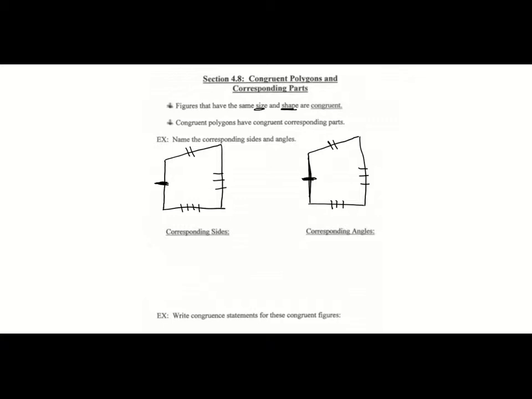So if we call this polygon A, B, C, D, and this polygon E, F, G, H, we can list our corresponding sides below so we can see that AB is congruent to EF. Got the bar over the top to tell me it's a segment or a side, and this symbol here means congruent. That is our congruent symbol.